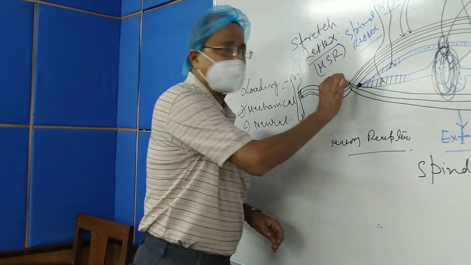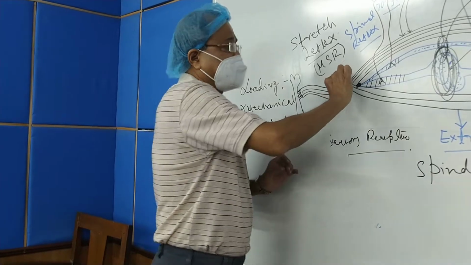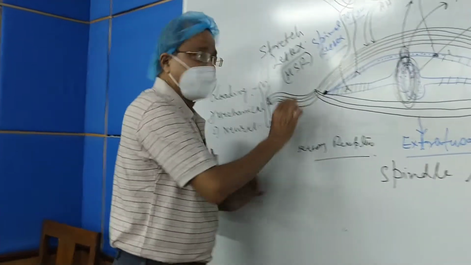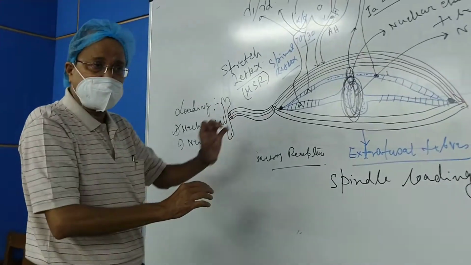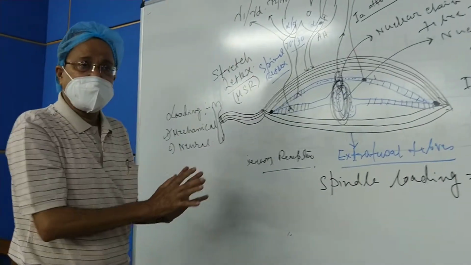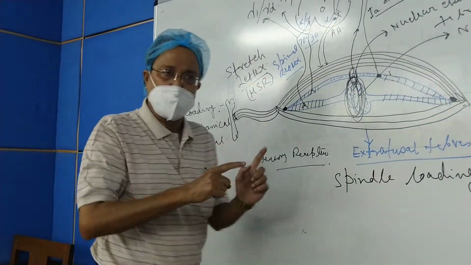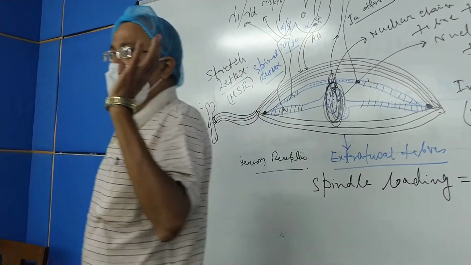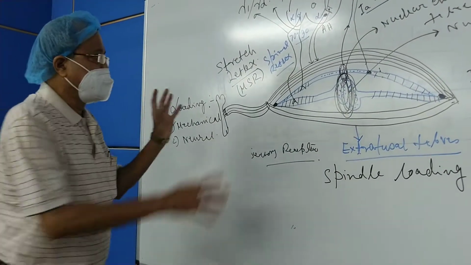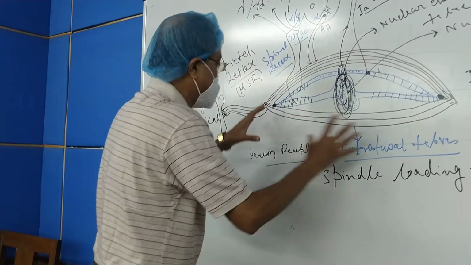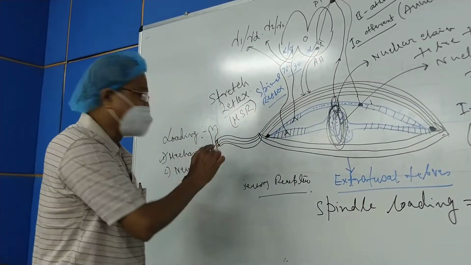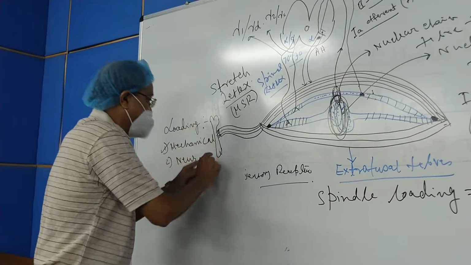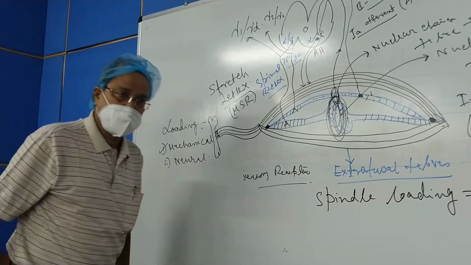and the tendon is connected to the extrafusal muscle fibers, because the extrafusal muscle fibers by means of the tendon take attachment to the bone concerned. This is a normal anatomy of any skeletal muscle whatsoever, that the extrafusal muscle fibers by means of a tendon are attached to a nearby bone.